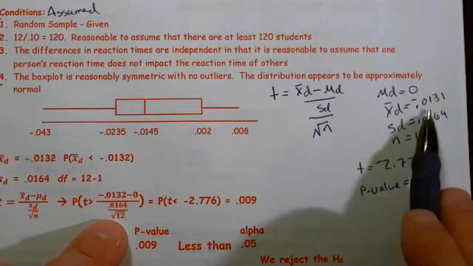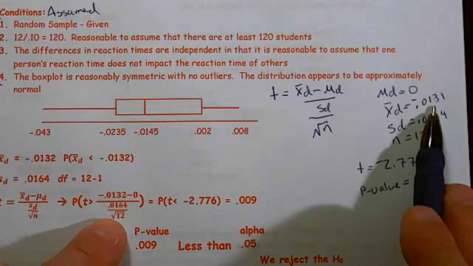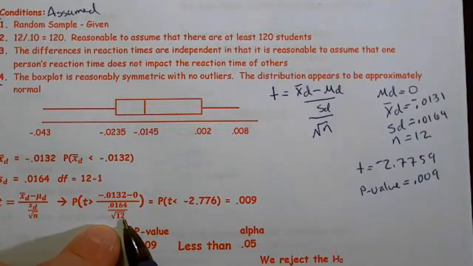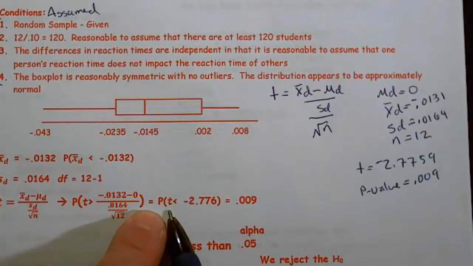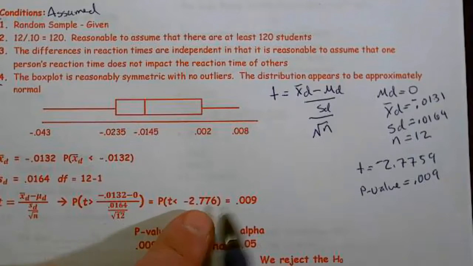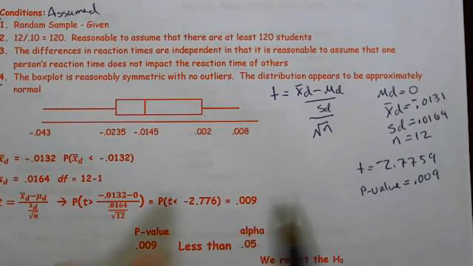So I plugged in my values here. I plugged in the negative 0.0131 right here, minus my mean of 0, my 0.0164, and my sample size of 12. That yielded a t-statistic, the probability of being less than negative 2.776, which equals this p-value.